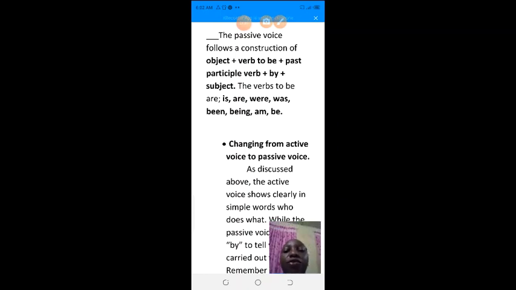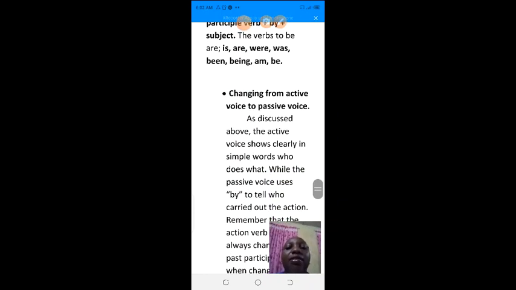Then the verbs to be, remember, are is, are, were, was, been, am, and be. And all of these are used in different tense forms. Is is used in the singular present tense.